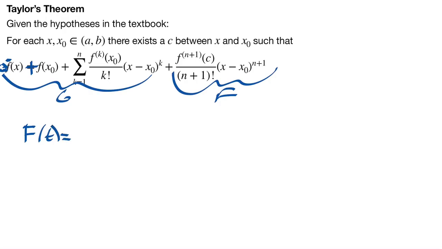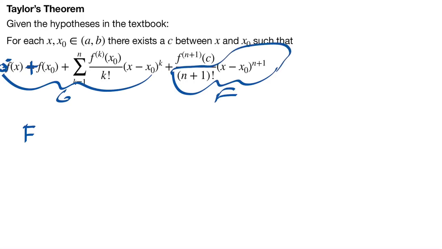So our f of t is going to be the second function. So f of t is going to be little f, the n plus first derivative of little f of, oh, wait. That's not what I want for f of t. Yeah, okay, so let me go just a little bit further.